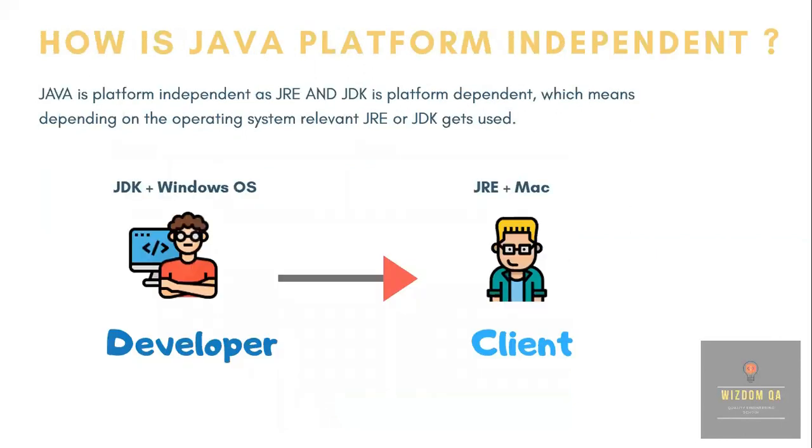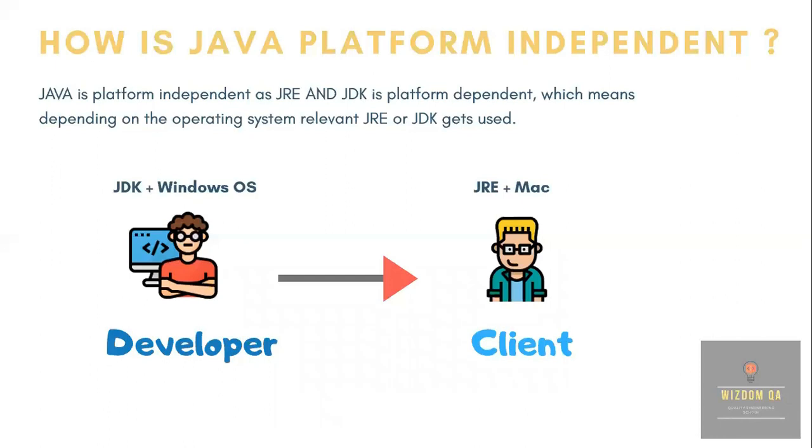So let's look at the next slide. Look at this situation here. You are a developer here on the left-hand side, writing a piece of code. You're using JDK for that, and you are using the Windows operating system, no problem. You have built a particular file, a program, and you give that to your friend there, who is not a developer, who is a client, and he's using Mac, right? What he needs is just JRE to execute the program. He doesn't need JDK. So how do you execute the Java program in your system?